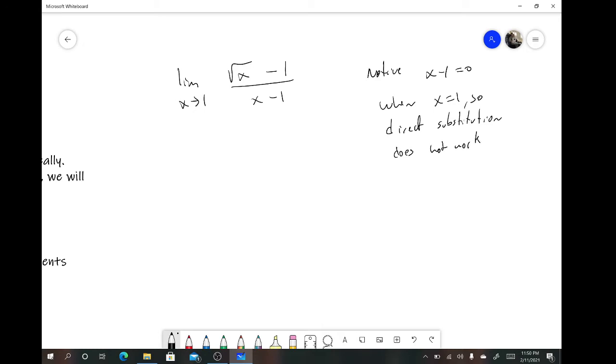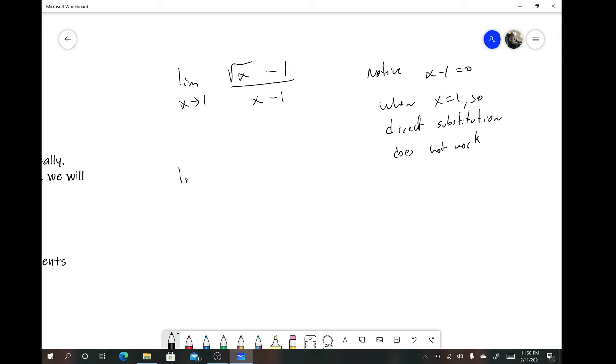But something that you may try whenever you're in a situation like this and you see a radical expression anywhere, you could try to multiply by the conjugate. You could try to rationalize either the denominator or the numerator to see if you get something that looks nicer to work with. So that's what I'm going to do. I'm going to multiply essentially by 1 by the conjugate of radical x minus 1, top and bottom.